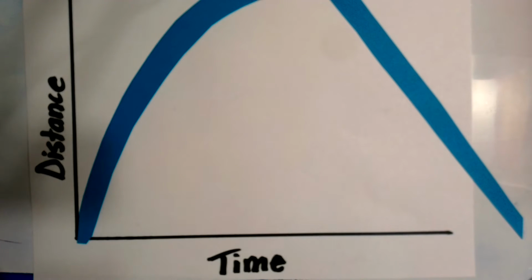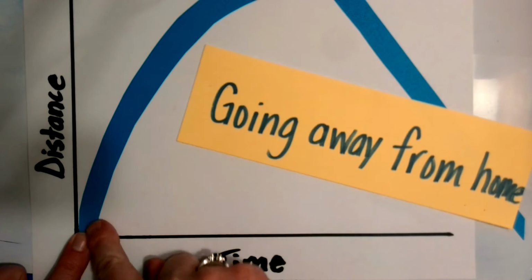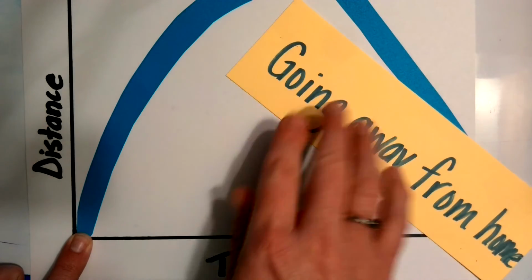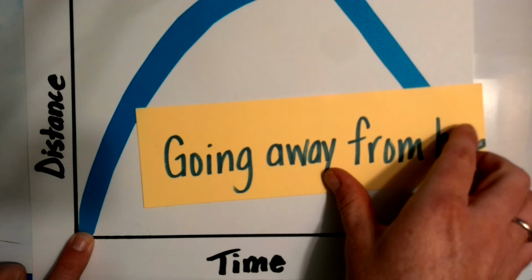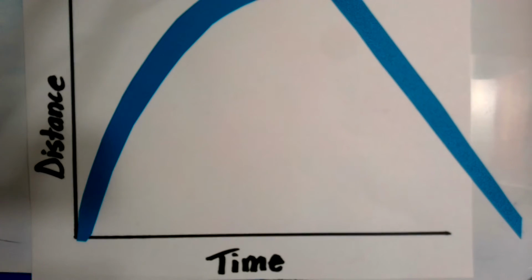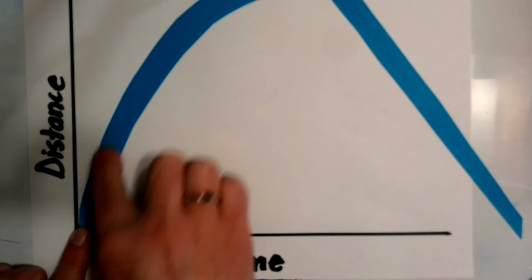Okay, now we would also say, as you are looking at this part of the graph, your distance away from home is increasing with time. So you are going away from home. Now, you could also say that you were either speeding up or slowing down here. You're noticing how steep this is in this portion.